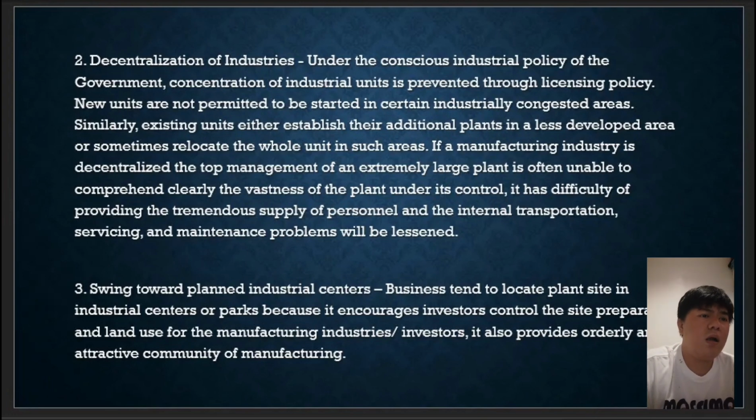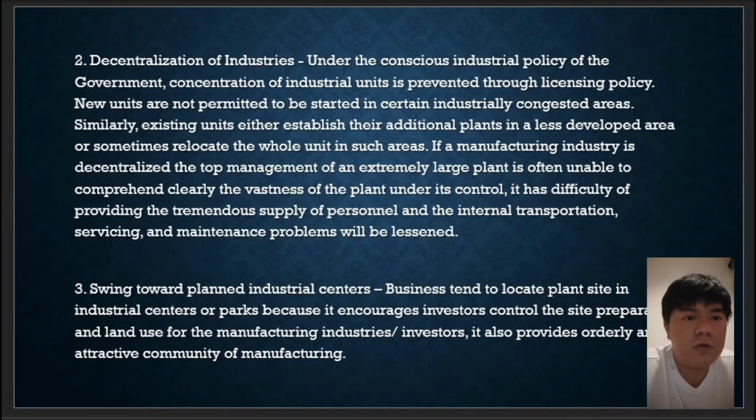New units are not permitted to be started in certain industrially congested areas. Similarly, existing units either establish their additional plant in a less developed area, or sometimes relocate the whole unit in such area.